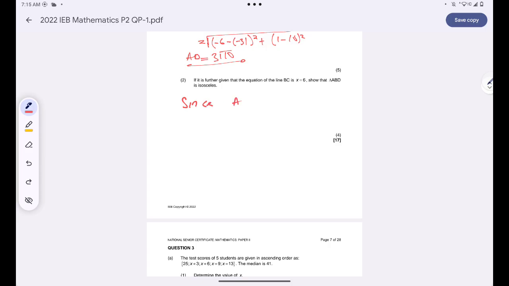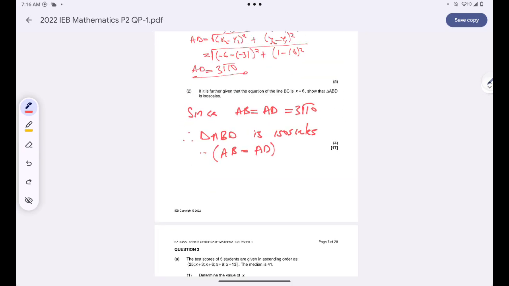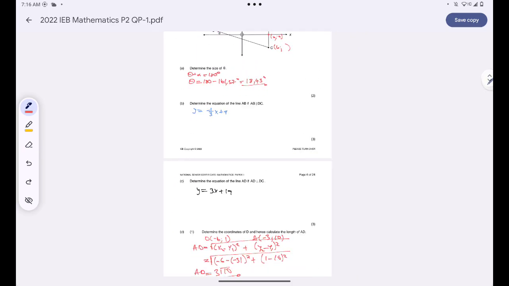Since AB is equal to AD and both of them are equal to 3 root 10, I can conclude that triangle ABD is isosceles. The reason behind that is because I have AB equal to AD. Okay, that's how you could have tackled question 2, ne?